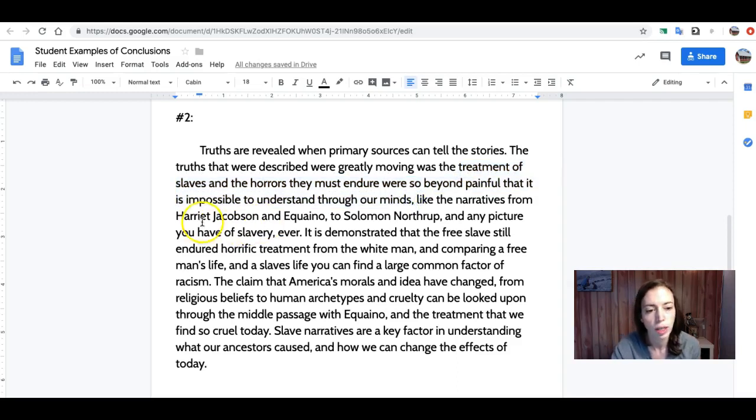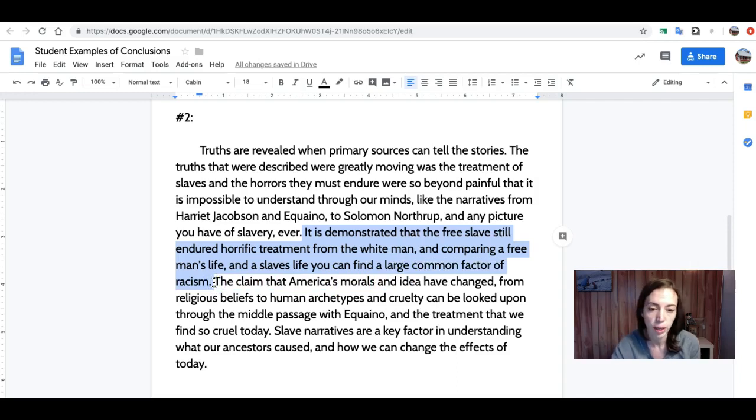And then this student decided to recap on the narratives that they chose to use. Harriet Jacobs, Equiano, Solomon Northup. Okay? It is demonstrated that the free slave still endured horrific treatment from the white man, and comparing a free man's life and a slave's, you can find a large common factor of racism.